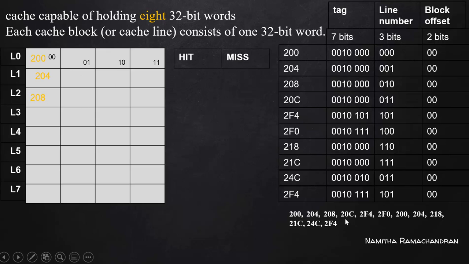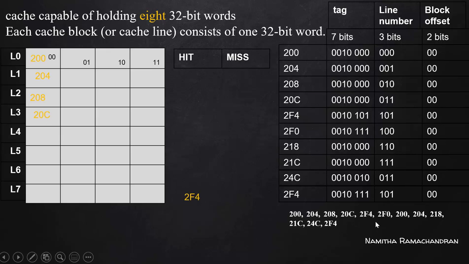Next, the address is 20C. 20C we need to transfer into line number 3. In line number 3, the byte with address 20C must be present in which byte position? The 0th byte position.